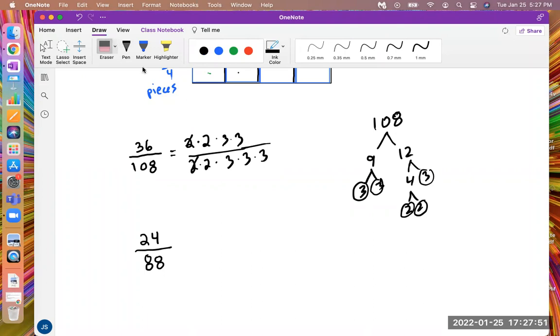If you have an expression like 2 plus 4 in the numerator, you would have to factor out the 2 first and write an expression of factors, because these are numbers being added together. We're not canceling numbers being added together. We can only cancel numbers that are being multiplied together. Factors are the numbers being multiplied together.